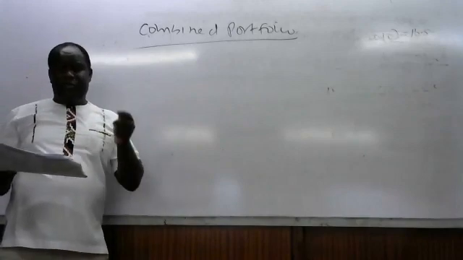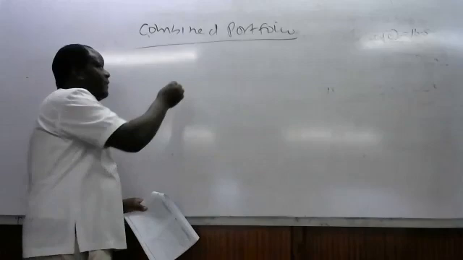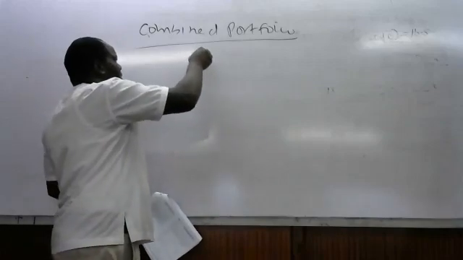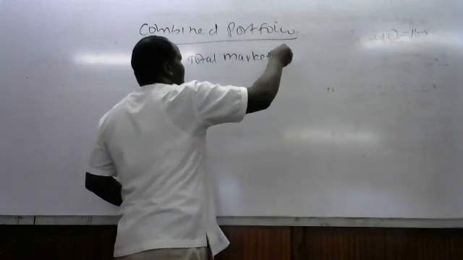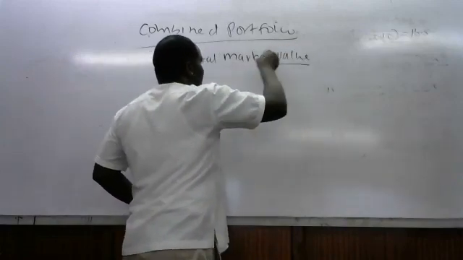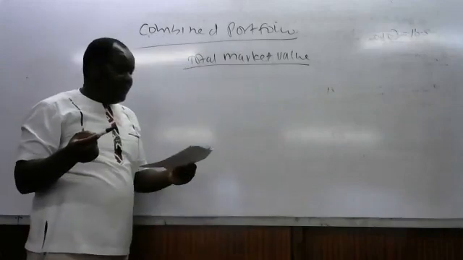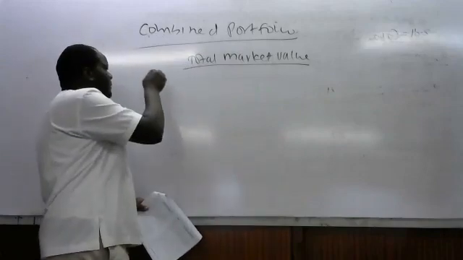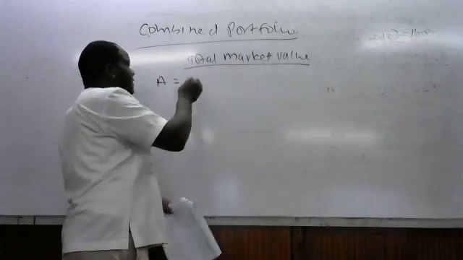So this time round, you calculate the proportions. We come up with the total market value. In the total market value, you can see stock A, there were how many ordinary shares?